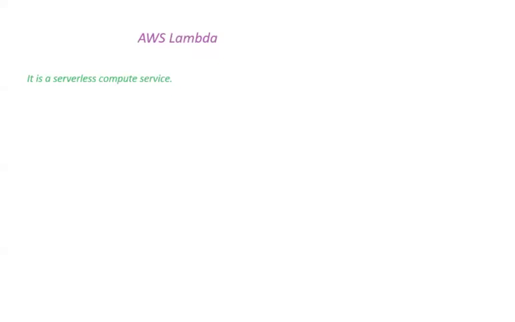Let us analyze the server-based compute service model by using EC2 service, that is, let us analyze the maintenance. What are the things that we need to maintain for our application if I use EC2?